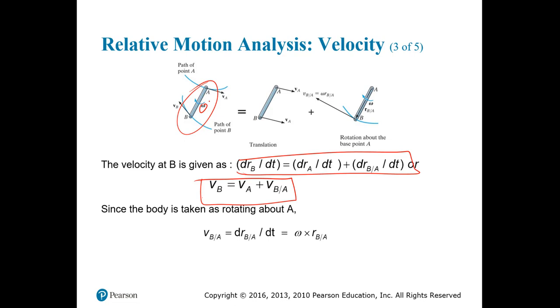So you will divide that movement into a translation and a rotation. And if you write that into the equation, that's how you will get the equation that relates the velocity of both of them.